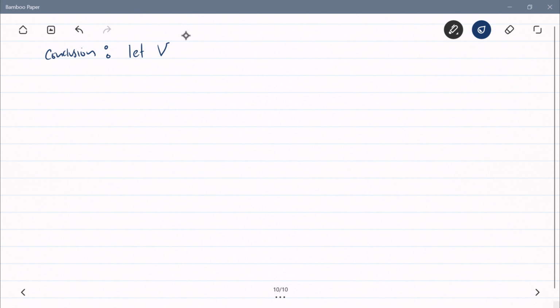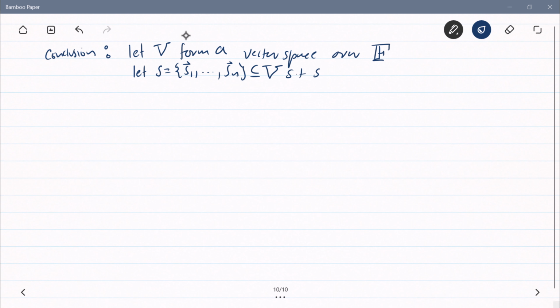Let V form a vector space over F. Let S be of the form of this, such that, and L sub m.